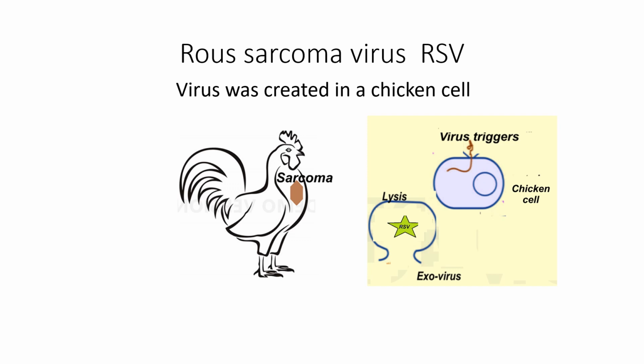If we look at the first chicken, we see that here you have the cell which is responsible for producing sarcoma, and the cell decides that it's going to produce virions, and these virions infect other healthy chicken.